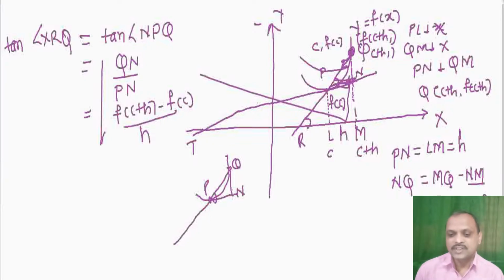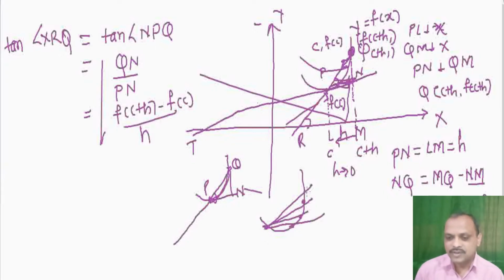Whenever this distance h tends to 0, this point M is moving towards L. So when h tends to 0, this point Q is moving towards P, and you can see that this line is moving like this. Suppose this is my first line, and as this point moves, the line becomes like this.